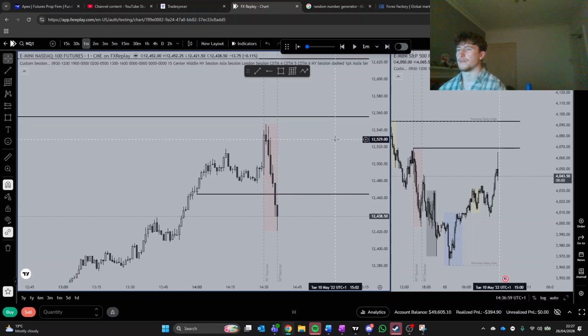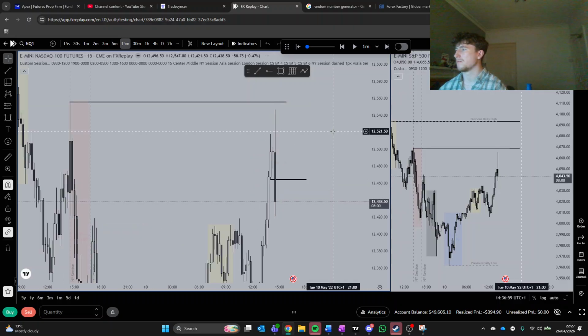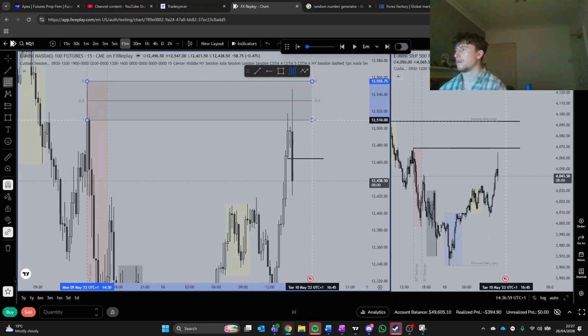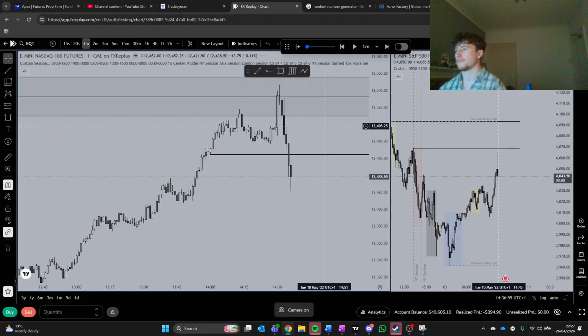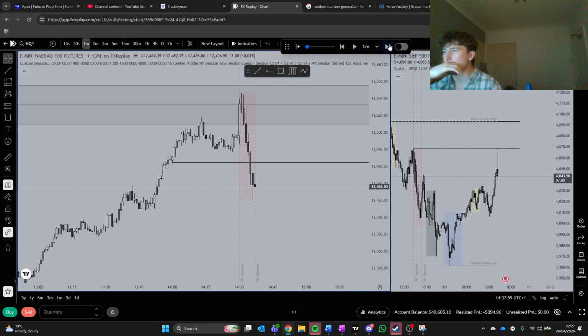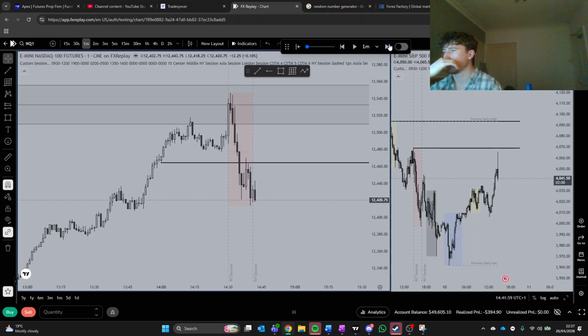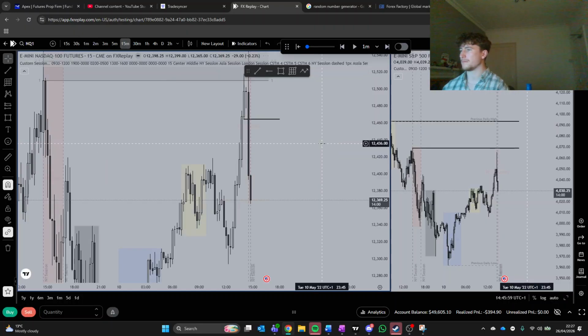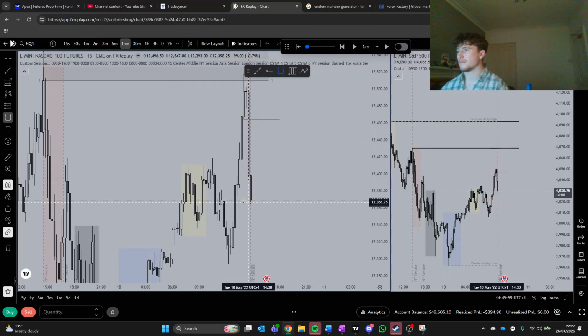I wasn't really convinced on shorts there. I want to see some sort of long. Oh, this area. We're actually off this bearish rejection wick. I can still see us coming higher. Yeah, maybe not. 15-minute here.